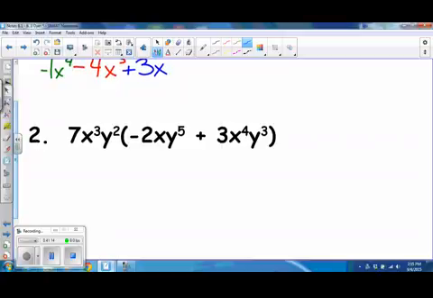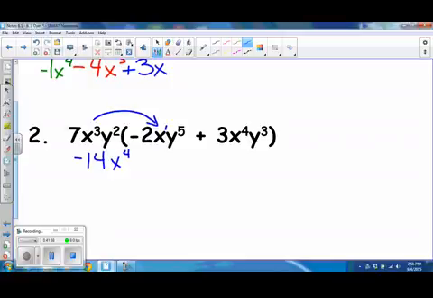For number 2, we have to distribute. First, we have to multiply this by 7x to the third y squared. So, 7 times negative 2 is negative 14. X to the third times x to the 1 is x to the fourth.